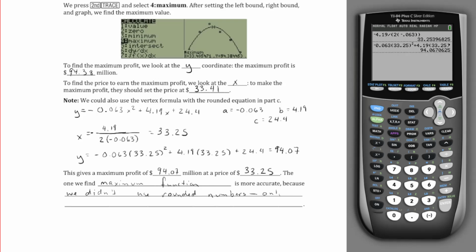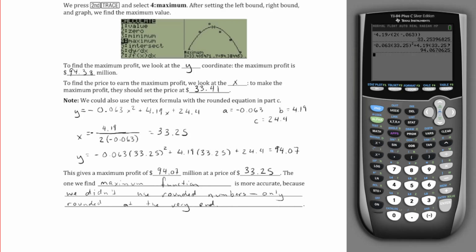We only rounded at the very end. So when you use the stored equation on the calculator, you get a little bit more accuracy, but you should get very similar results. And again, the homework is set up to accept either one.